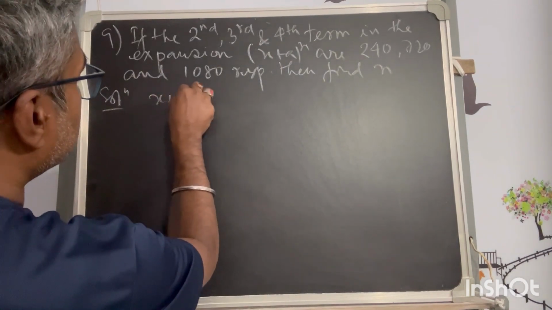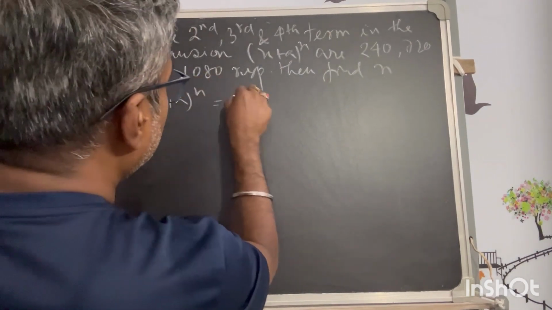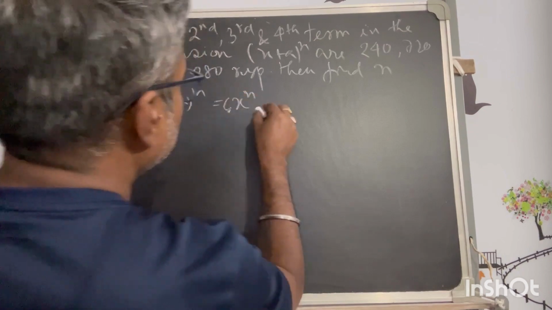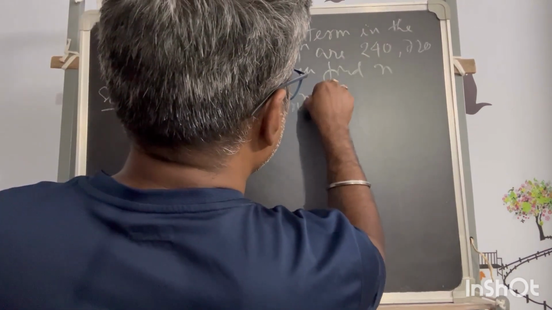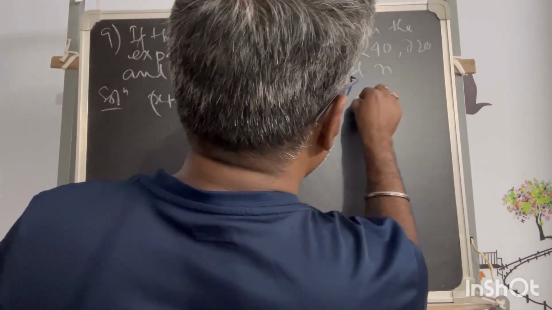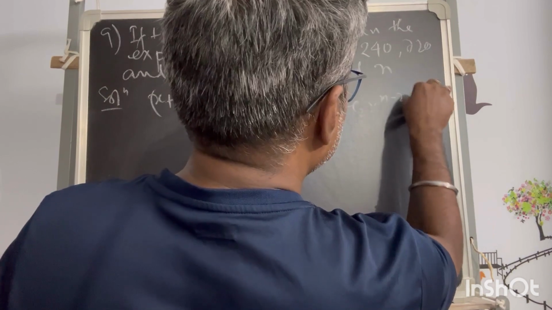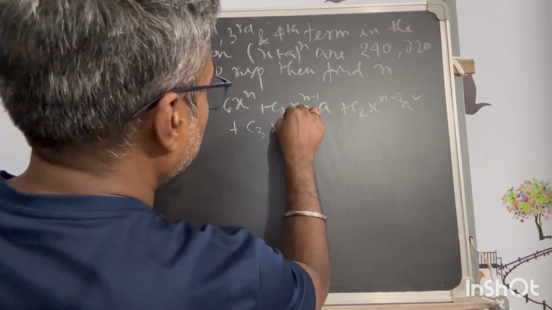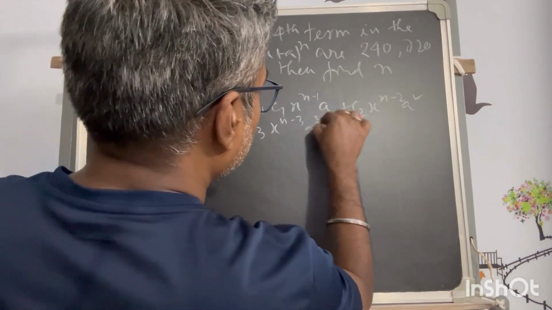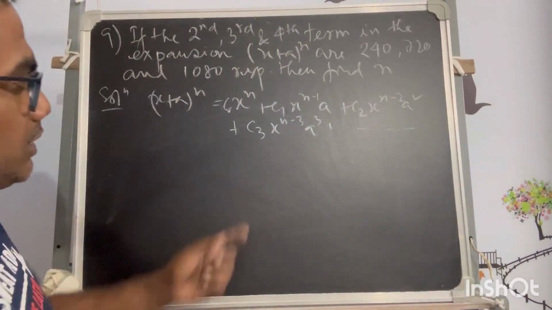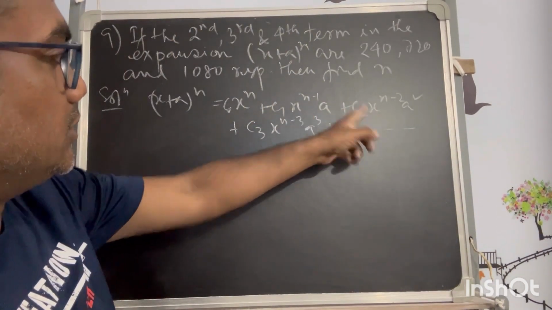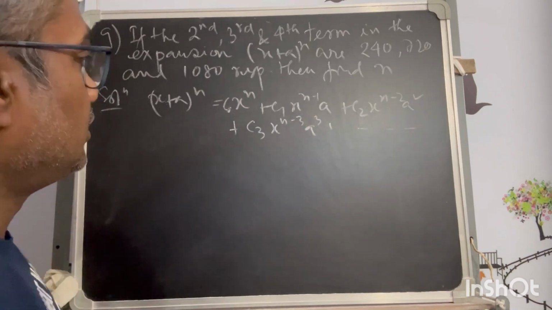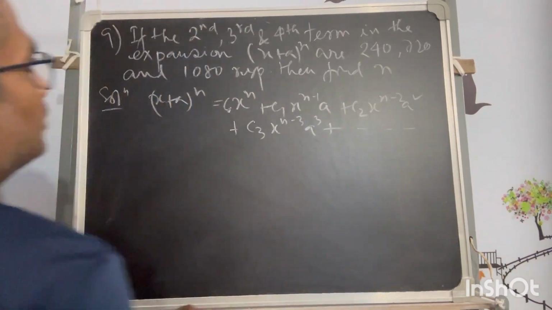So (x plus a) whole to the power n is equal to nC0 x to the power n plus nC1 x to the power n minus 1 a plus nC2 x to the power n minus 2 a square plus nC3 x to the power n minus 3 a cube and so on. Because I required only the second, third and fourth terms, I need not write the other terms of the expansion.